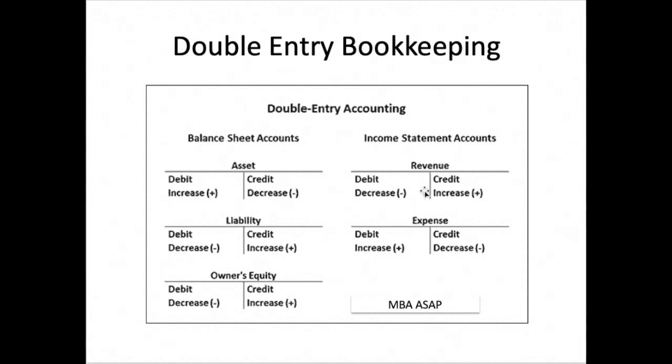Because revenue minus expenses equals net income, and at the end of the year the residual of net income goes into owner's equity. It's actually into retained earnings. The retained earnings of the corporation is the owner's equity part that is increased each year by the net income.